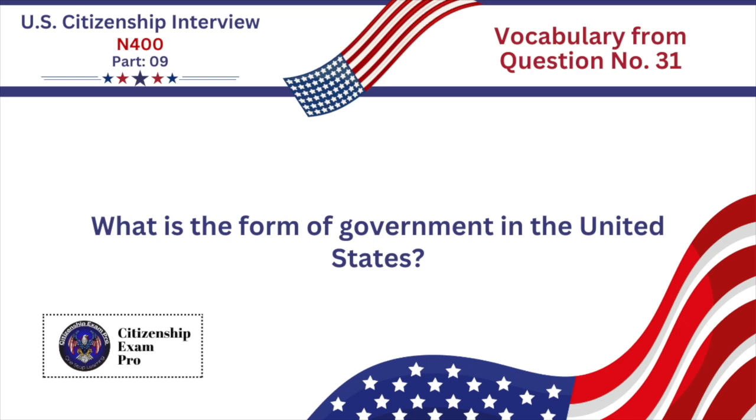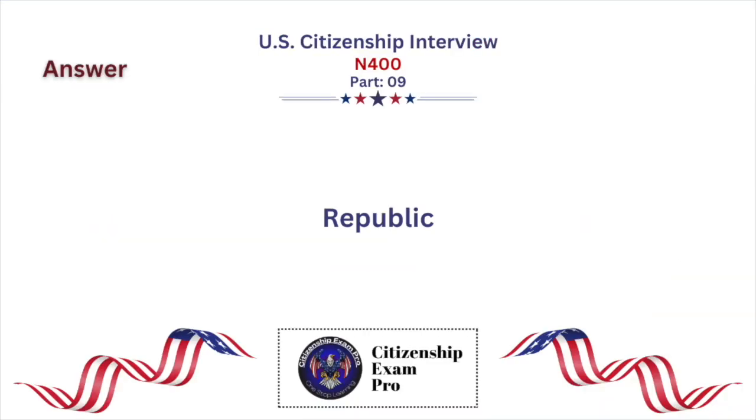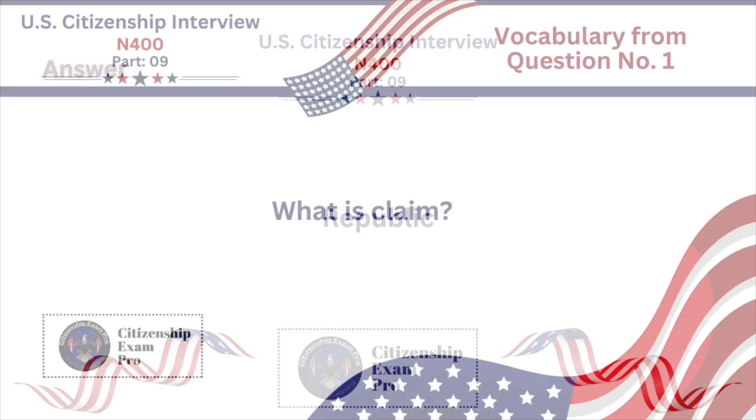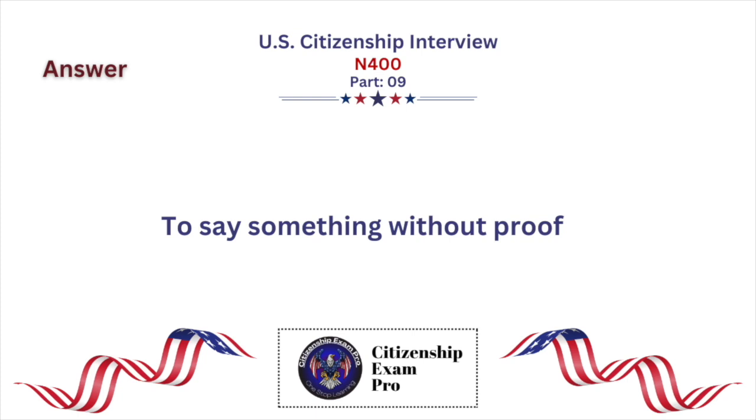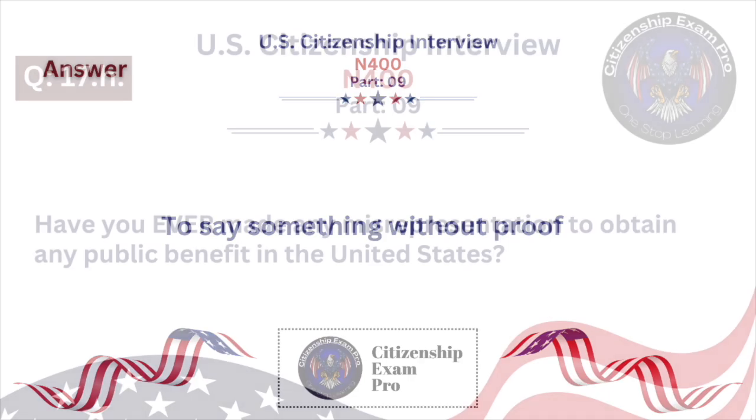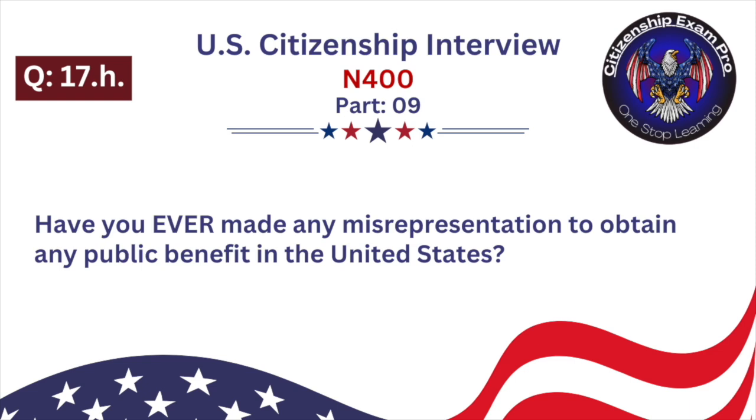What is the form of government in the United States? Republic. What is claim? To say something without proof. Have you ever made any misrepresentation to obtain any public benefit in the United States?